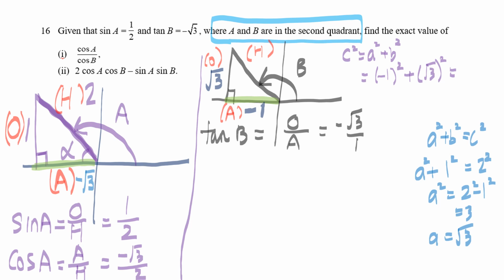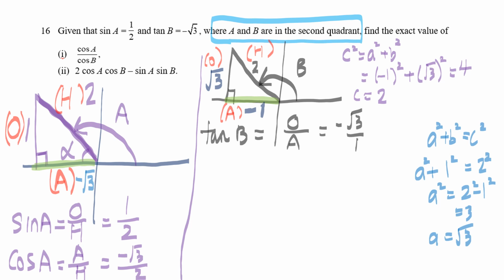Wait, tangent b. Oh, okay, so that gives you 4. So c will be square root 4, gives you 2. So your hypo is 2. Let's put the number 2 there.